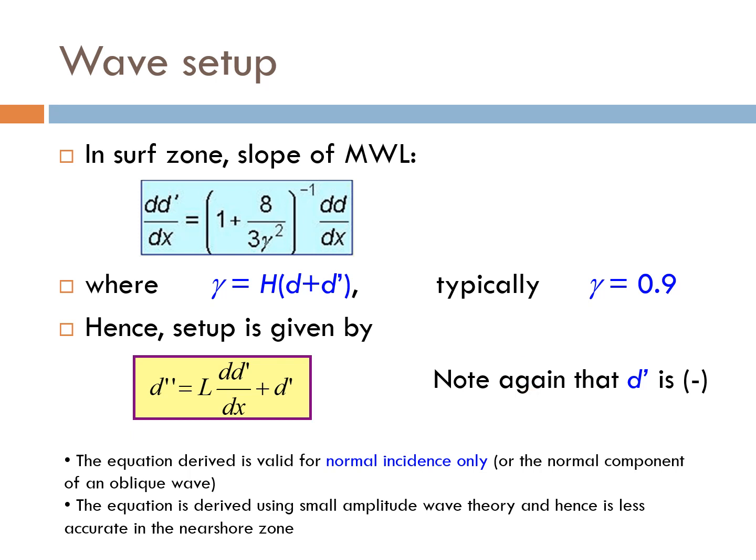And of course, we have to be careful when we apply it in the near shore zone, because in the near shore zone, the waves are less likely to remain small amplitude because of the asymmetry that develops. However, this is a simple approximation of the wave set up and wave set down in the coastal region.